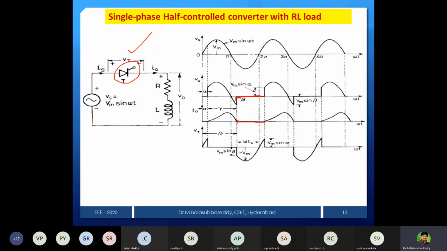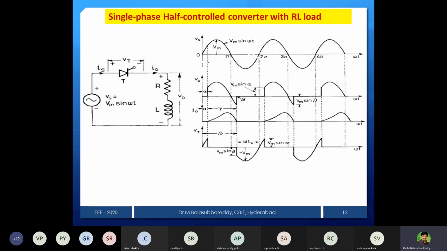Then the output voltage will be 0 and current also will be 0. Then what about the voltage across the device? It is the same as the source voltage. So after conducting up to beta, from there onwards it will become the source voltage until the next 2 pi plus alpha, because the next cycle is going to be repeated.